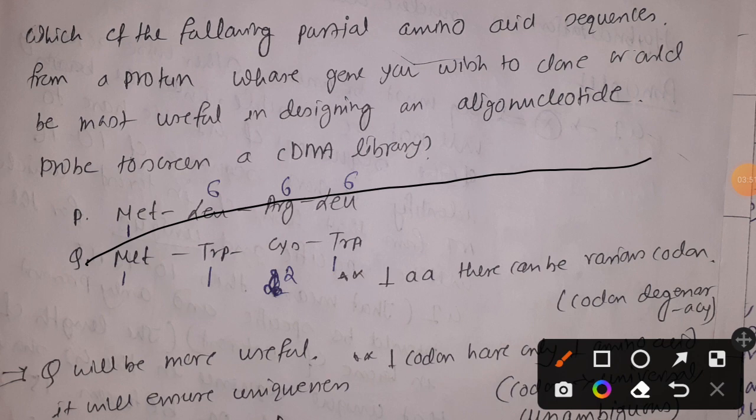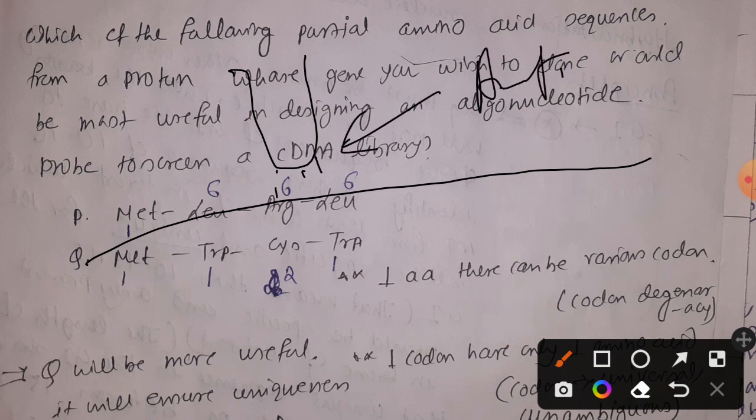Suppose it is an mRNA chain, so the tRNA will bind over here, and it contains three nucleotides, that is the anticodon. On the basis of the anticodon and codon reaction, the particular amino acid that it is carrying will be inserted here. That is the idea of normal translation.